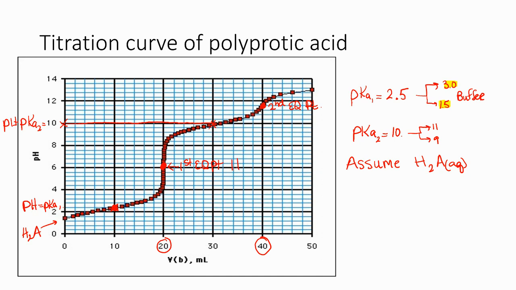At first equivalence, it's its conjugate base, HA minus. pH equals pKa, 50% H2A, and that's equal to HA minus at that first round. For the second one, HA minus equals A2 minus. So we start off with HA minus, we end up at A2 minus. And this marker is where H2A equals HA minus.